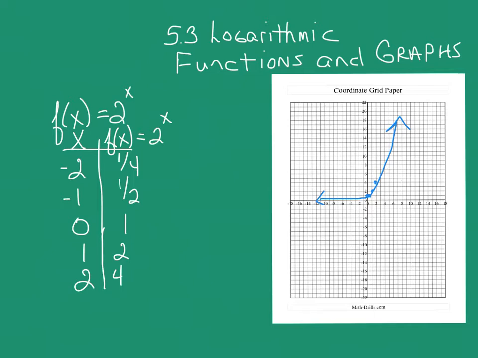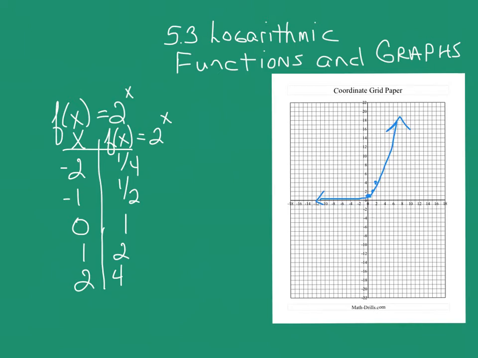Now I want us to look at what the inverse of this function might be, because this is a one-to-one function. Even though close to the x-axis it looks like it wouldn't pass the horizontal line test, we can't draw it exactly the way that it should be. This is a one-to-one function, so it does have an inverse function.